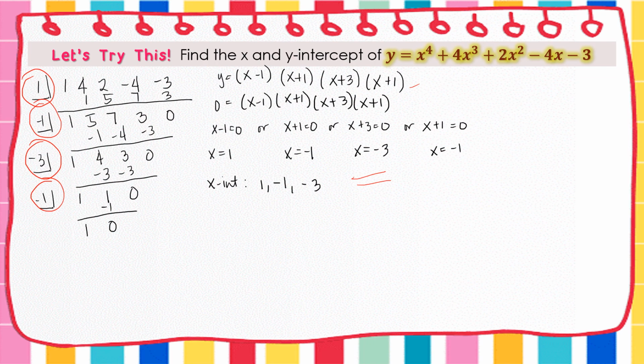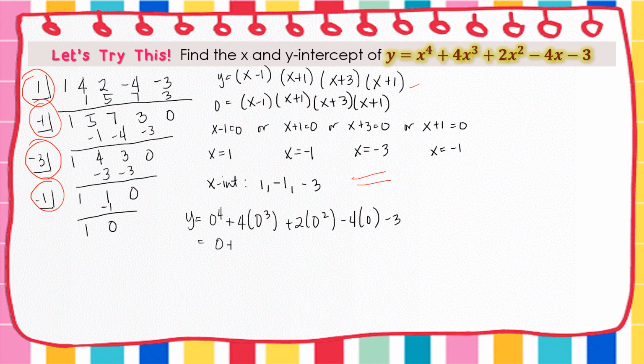Now, let's get the y-intercept. Paano kumuha ng y-intercept? Lahat daw ng x, gagawin nating 0. So, dito na lang ako sa given gagamitin ko. 0 to the 4th, 4 times 0 cubed, plus 2, 0 squared, minus 4 times 0, minus 3.